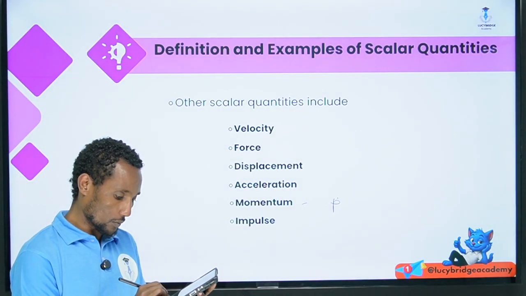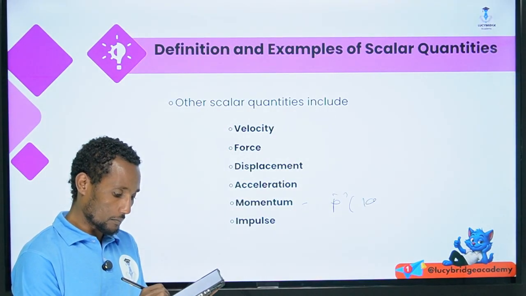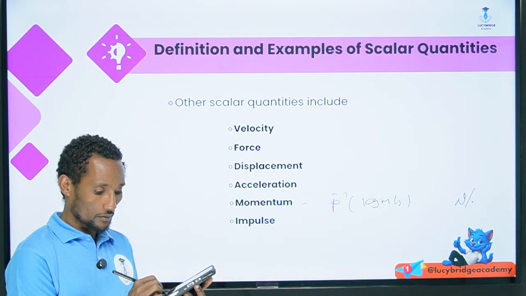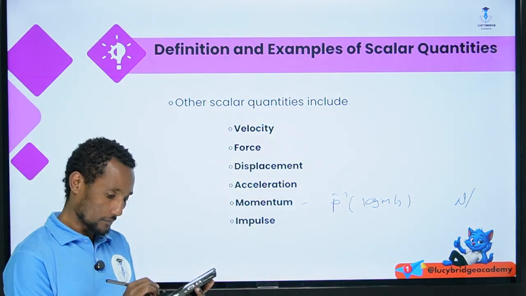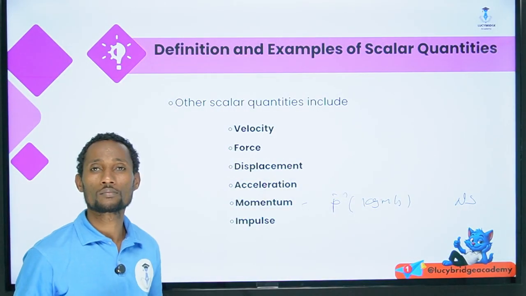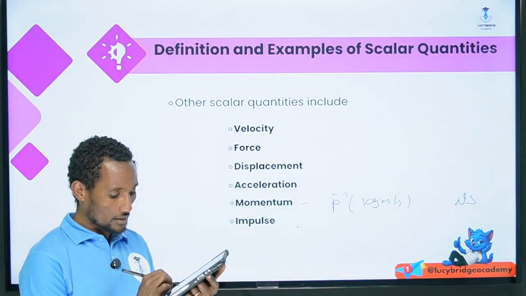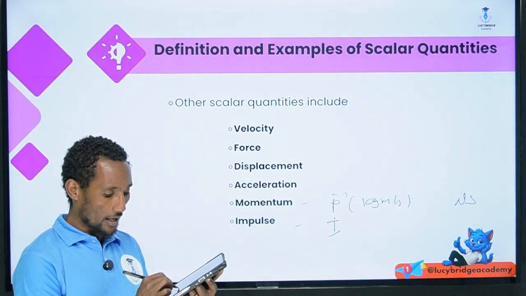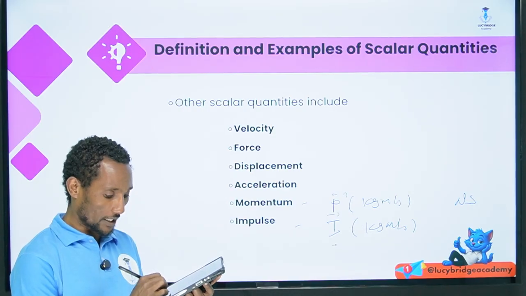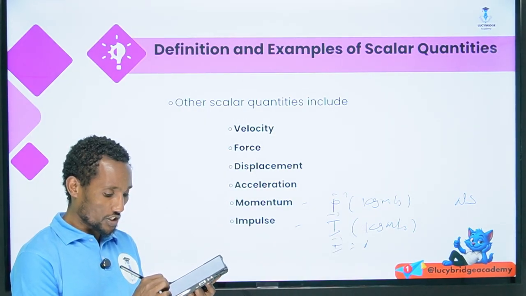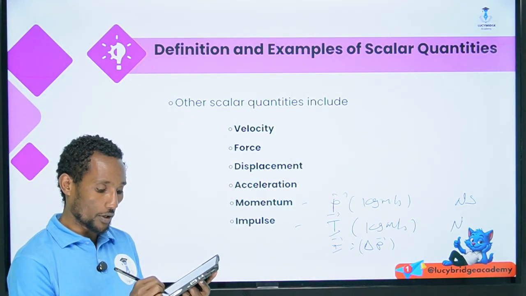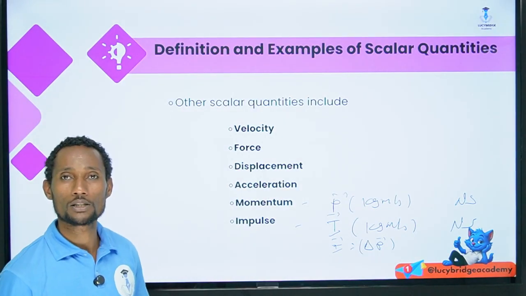The momentum P is the same as kilogram meter per second, or Newton second. And impulse, I, has the same unit as momentum, kilogram meter per second. Impulse is also the same as the change in momentum, when we change the momentum of a body.